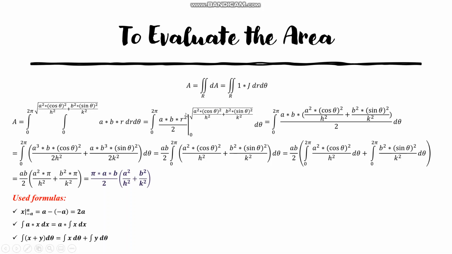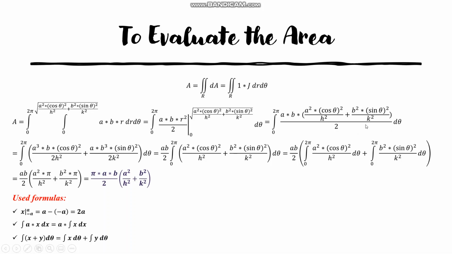if you put this equation into this formula, we will get the integral from 0 to 2 pi of a b multiplied by a squared cosine theta squared divided by h squared plus b squared sine squared theta divided by k squared, divided by 2, d theta.